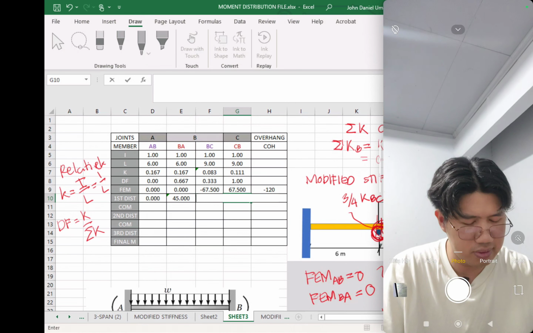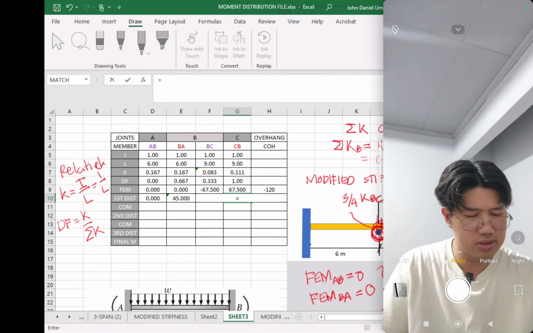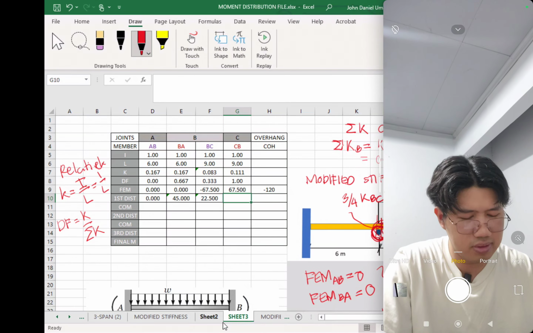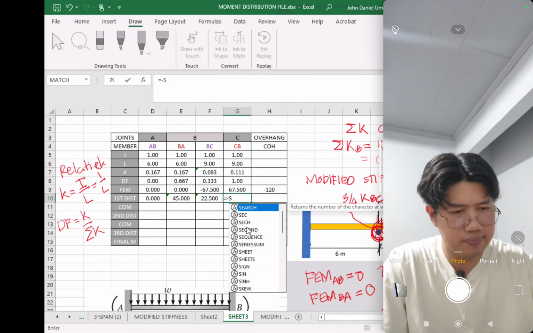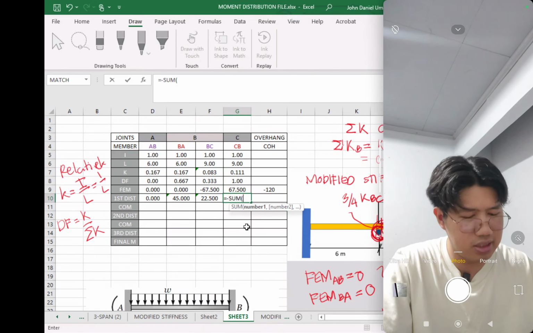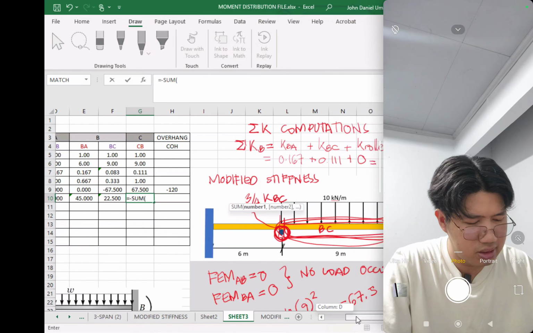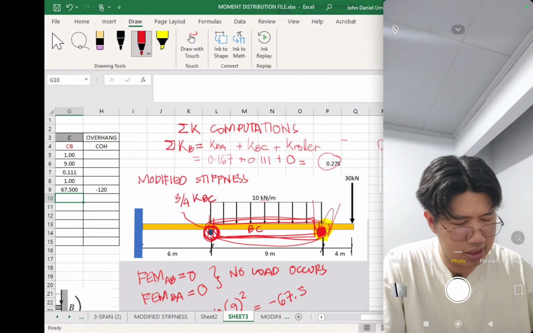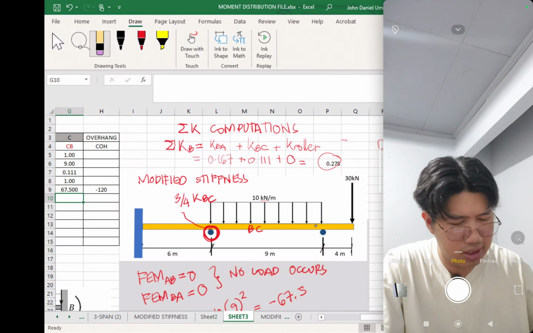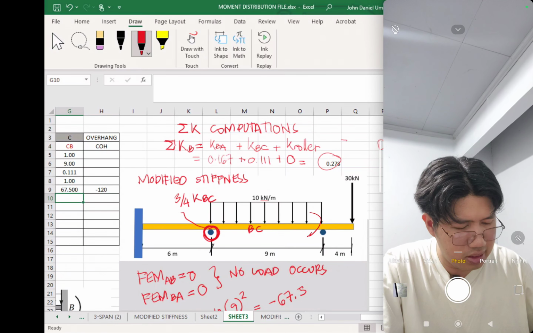Equals negative. Okay, ulit. Equals negative sum. So, what are the moments acting at joint C? So, bago ko pakita natin ano yung mga moments na nag-act sa joint C. C, FEM, CB, and alam natin na merong galing sa overhang.